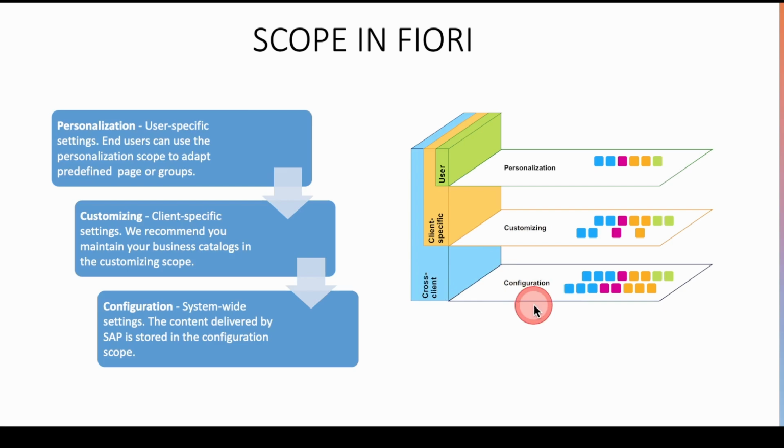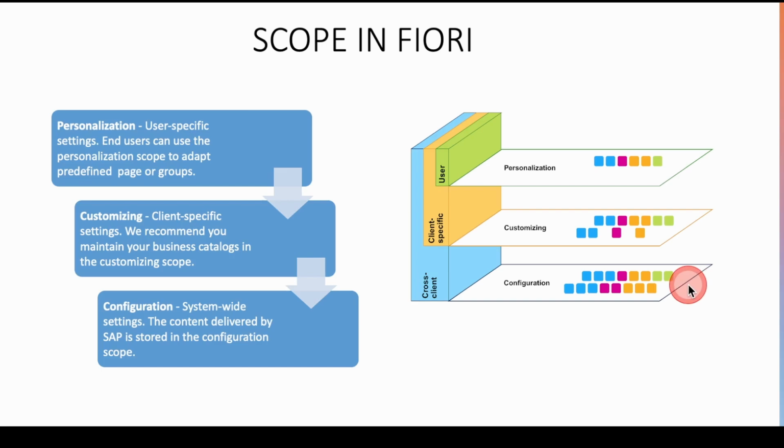Configuration scope is where if you make changes to the data, it reflects across the client. You should only make changes here if it's really required, because this scope holds the content which is delivered by SAP. So SAP standard should only be disturbed if there is really a need and really a case for it.